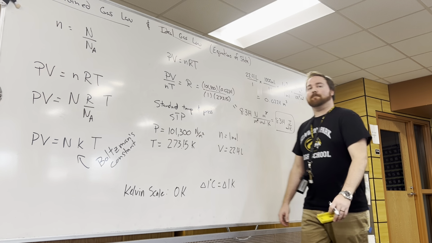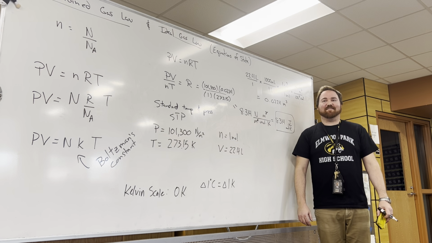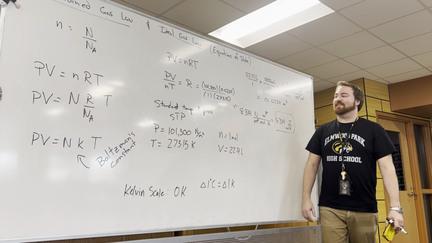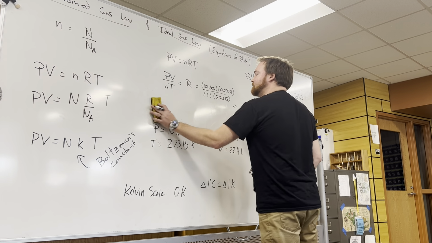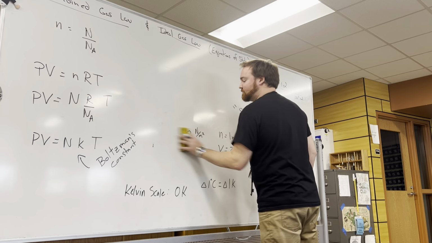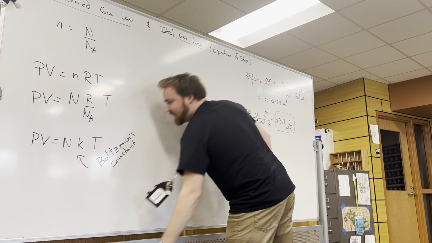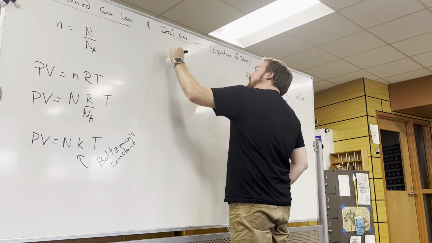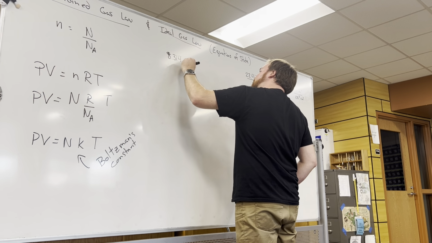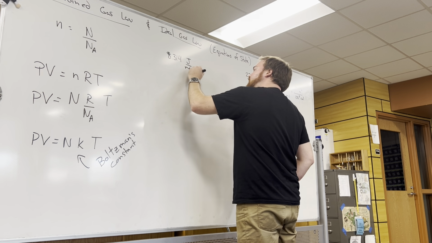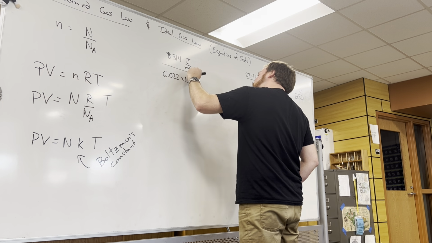How would you do it? Just plug in R and NA. Yeah, you divide R by Avogadro's number. R is 8.314 joules per mole Kelvin, and you would divide that by 6.022 times 10 to the 23rd.